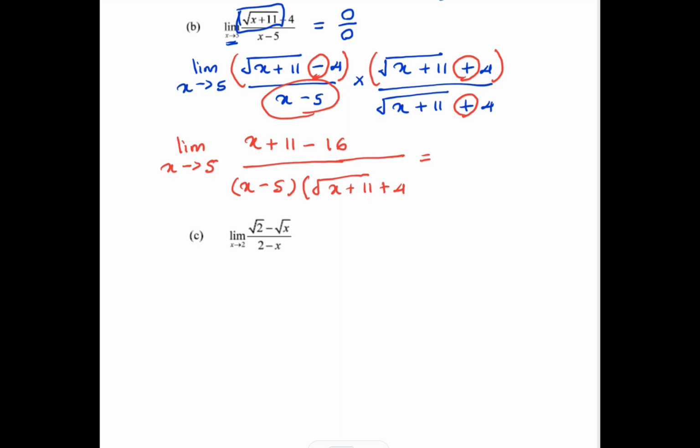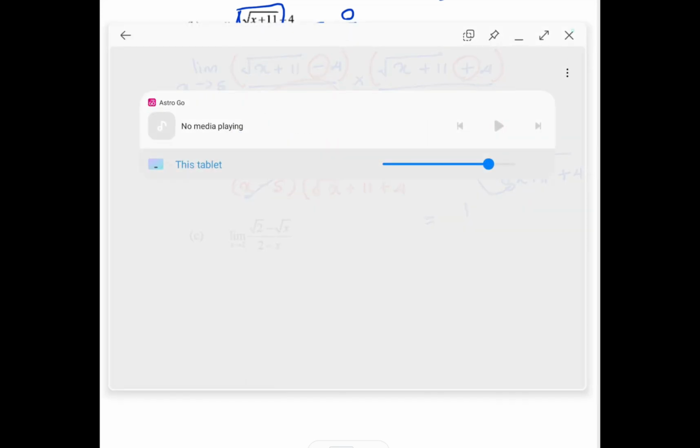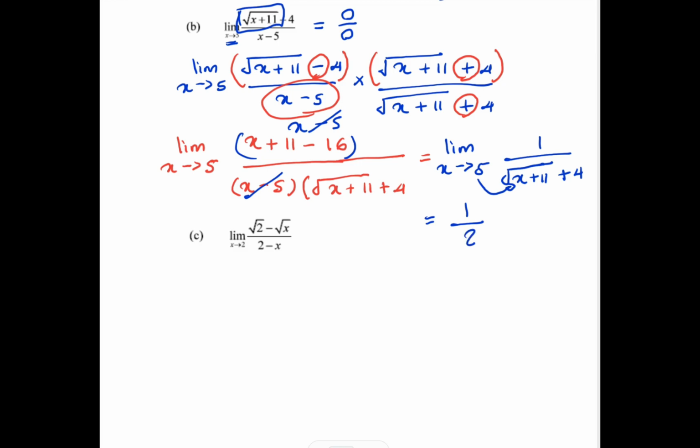When we solve the numerator, you get x minus 5, so x minus 5 we can simplify. So we get limit x approaches 5 of 1 divided by square root of x plus 11 plus 4. When we substitute x with 5 here, we get 1 over 8. So that is the answer.